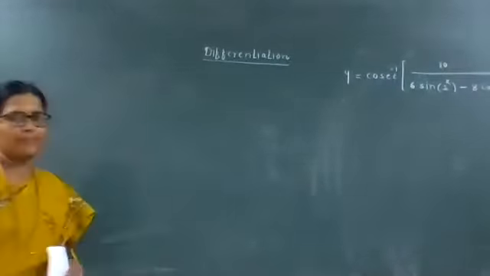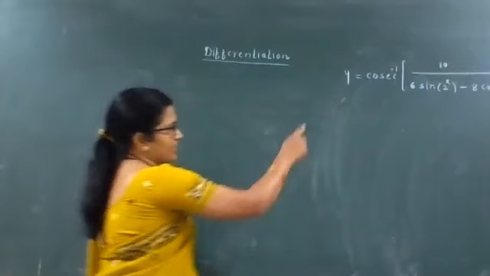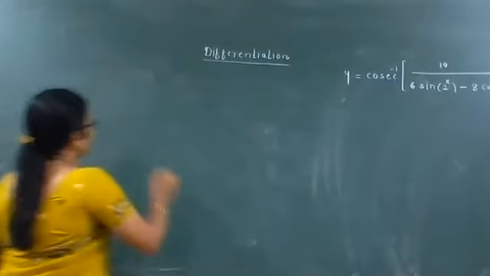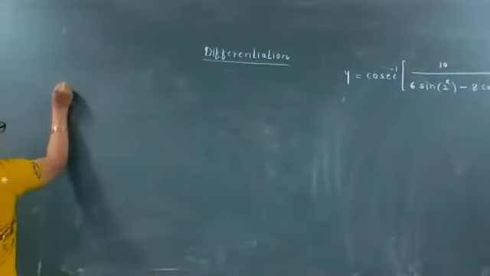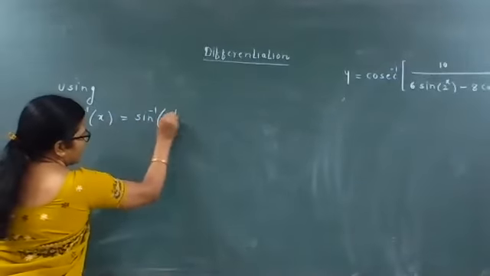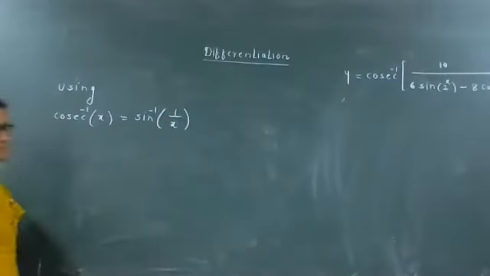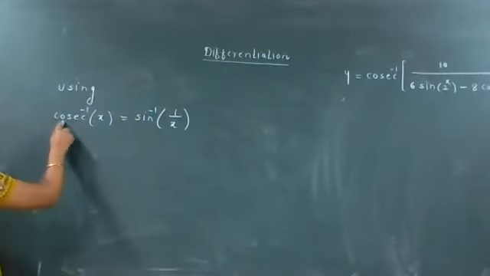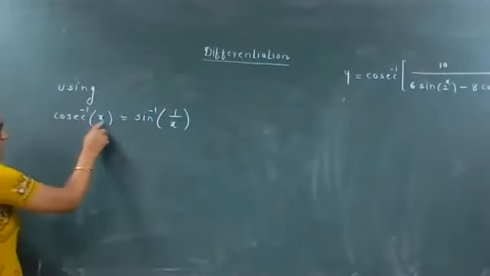You cannot separate the numerator now because in the numerator you have only 10 and in the denominator there are 2 terms. So use a property. You write cosec inverse as sin inverse. Cosec inverse x equal to sin inverse 1 by x.